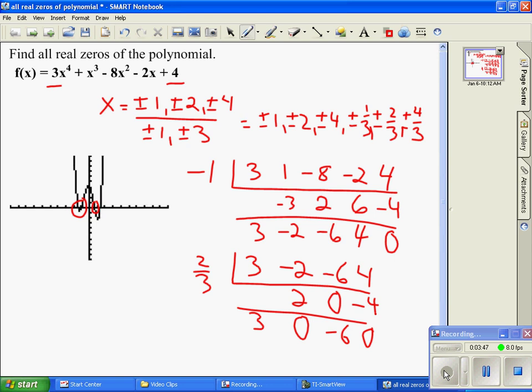So let's just real quick write down this polynomial. So we have f of x equals, so the first factor was x plus 1. And remember, we're doing the opposite sign. Then we have x minus 2/3.